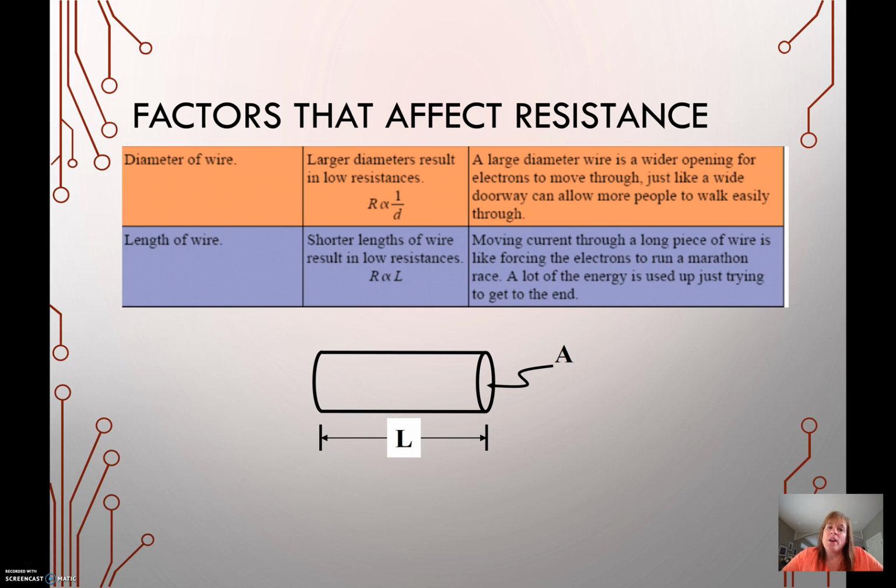Also, the length of the wire is important. So shorter wires have lower resistances, because the current doesn't have to go as far. I like to kind of think of this in terms of straws. If we think of a wire like a pipe, the straw that's the skinniest is harder to move air through, or liquid.